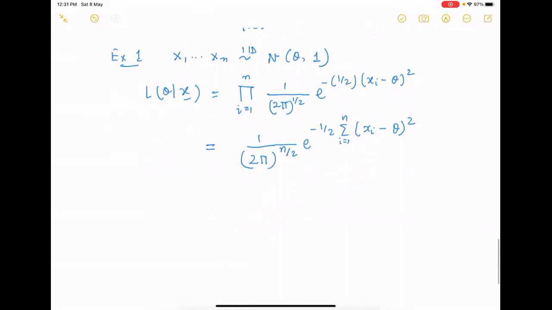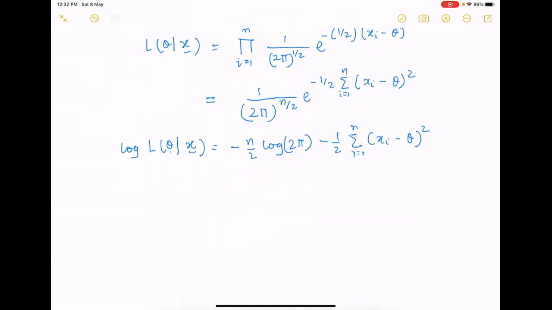Now if I take the log of it, log of L(theta) given x tilde, what I get is minus n by 2 log 2 pi minus half summation i equal to 1 to n of (xi minus theta) whole square.